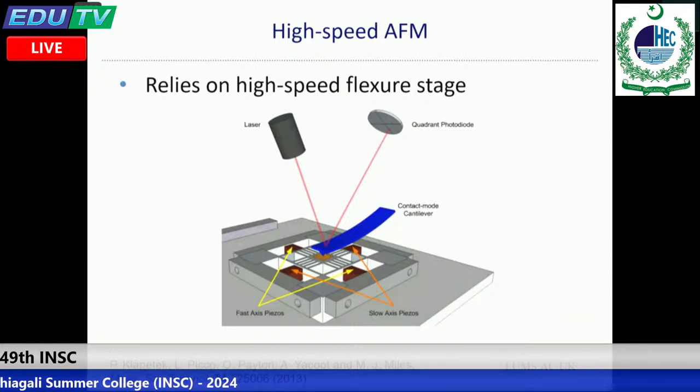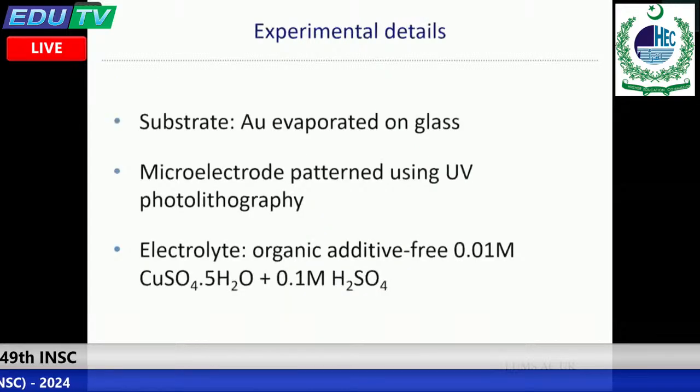What is really important is the stage on which the sample is mounted, because that stage can move super fast and still keep the tip in contact and keep everything working properly. And that's what gives you the opportunity to get data with incredibly high speed.